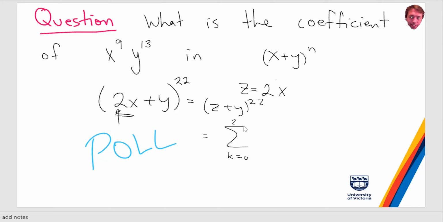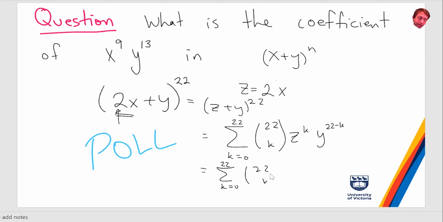If I let z equal 2x, then this thing is equal to (z + y) to the 22, which is the sum k equals 0 to 22, 22 choose k, z to the k, y to the 22 minus k.